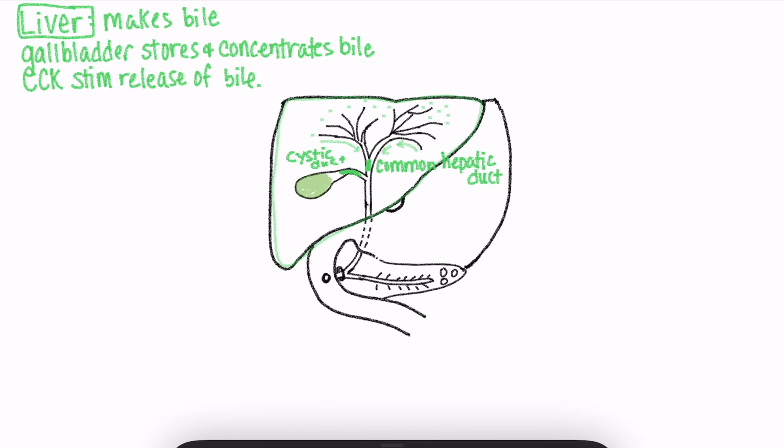And that bile then will drip down the common bile duct, which is this area right here. It kind of goes behind the stomach there. So this is the common bile duct.